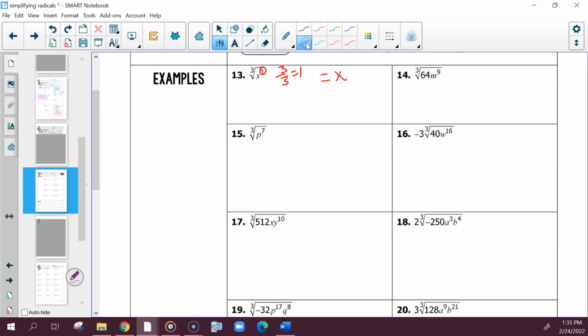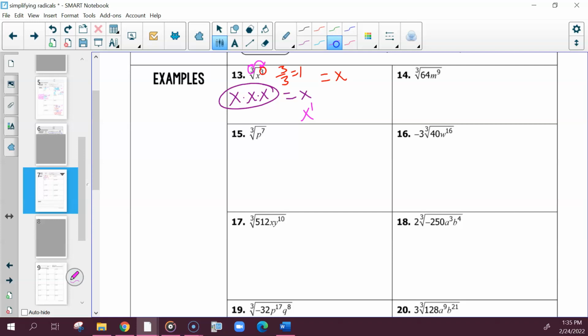You can also think about that like what times what will give us x to the 3rd, which would be x times x times x. We're looking for groups of 3 to come out, which would mean 1 x comes out. And then the very last method you can think about, there actually is a 3 there, so 3 goes into 3 once, and that would be 1 exponent.